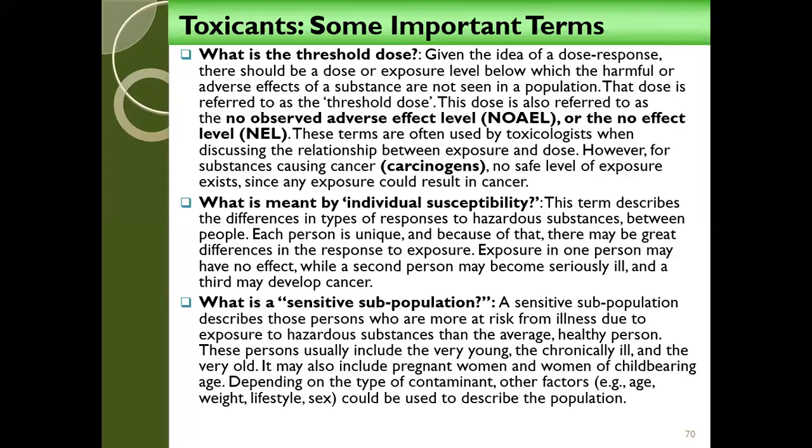That is the level below which you do not experience any effect of a substance in a particular population, so to speak. So if, for instance, you administer 1 milligram per liter of poison to a rat and you don't see a response, and you administer 2, you don't see a response, there is a concentration at which, if you administer it, you will start seeing response.